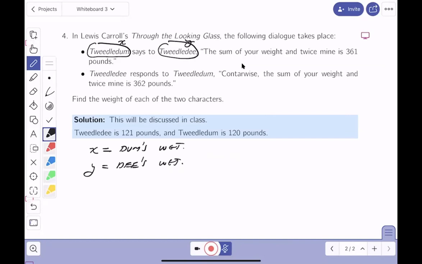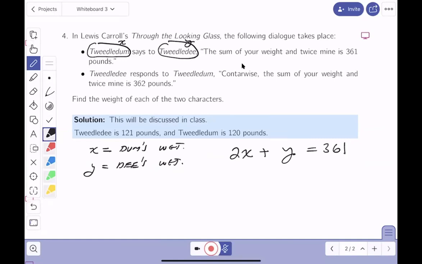Tweedledum says to Tweedledee, the sum of your weight, well, that's going to be Y, right? This is Tweedledum speaking to Tweedledee, and twice mine, dumb speaking, so it's 2X, is going to be 361.